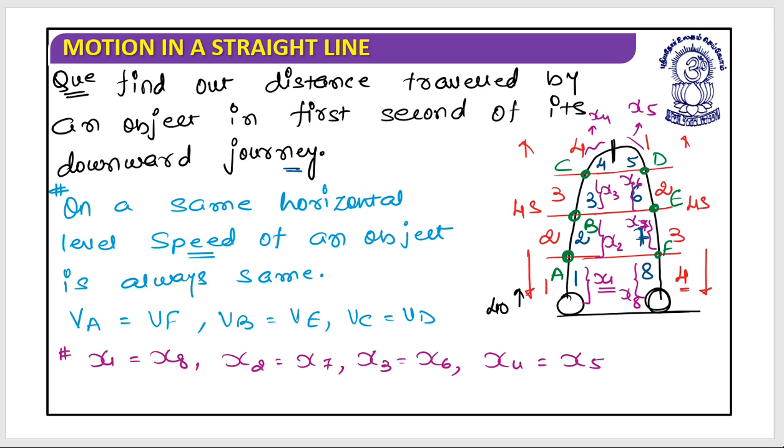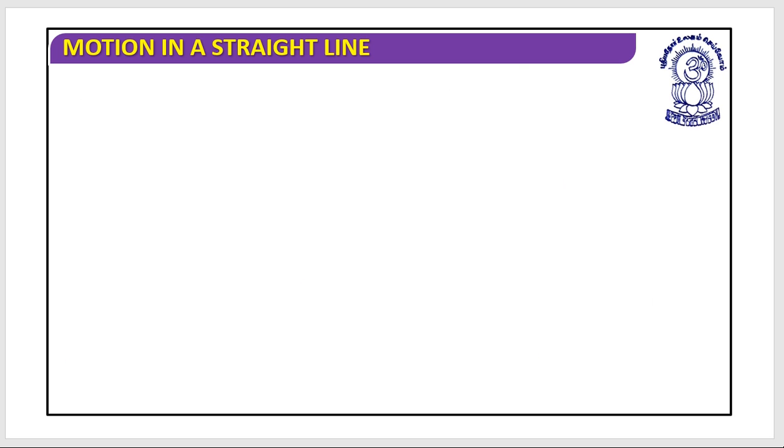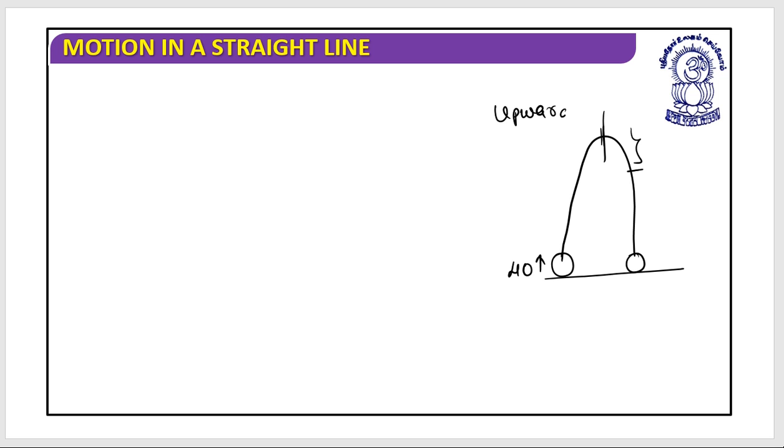So let's get back to the question. What they ask is that you need to find this. The object has been thrown with 40, and you require this. So what you can do is just divide this journey. On this side it's an upward journey, on this side it's a downward journey.